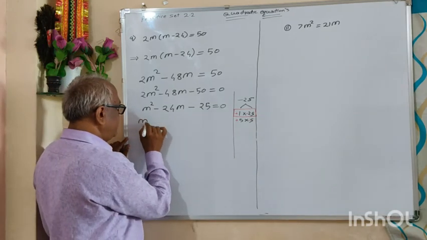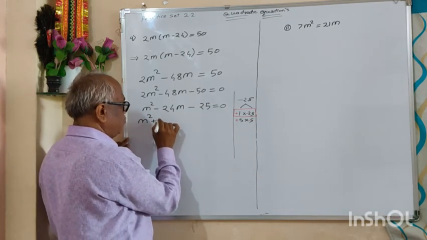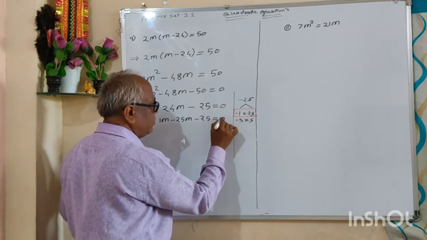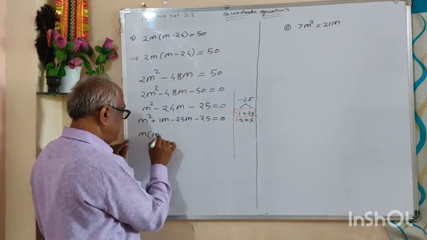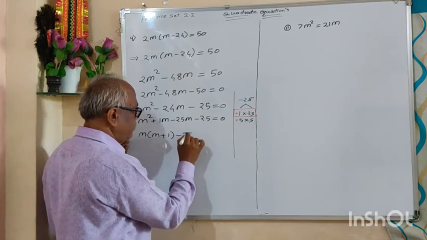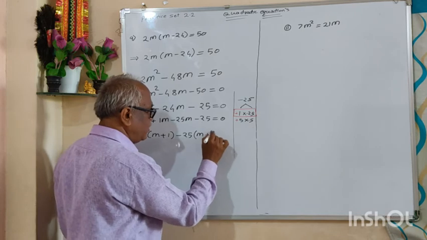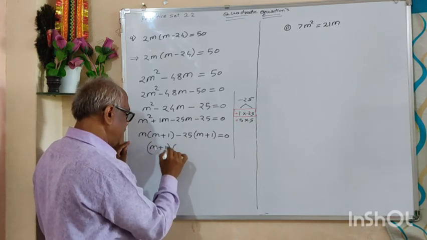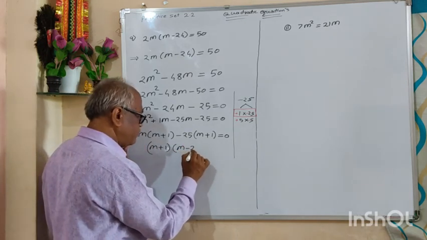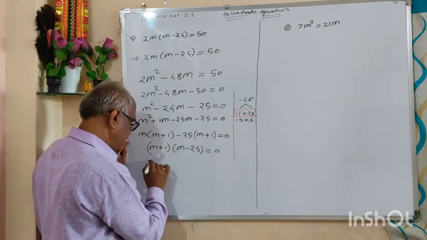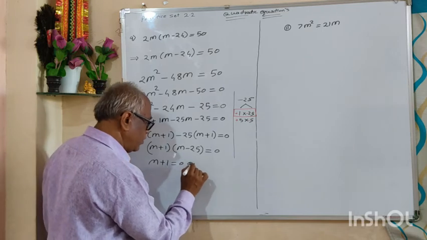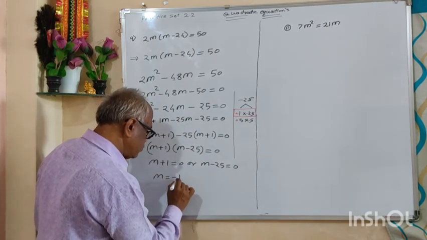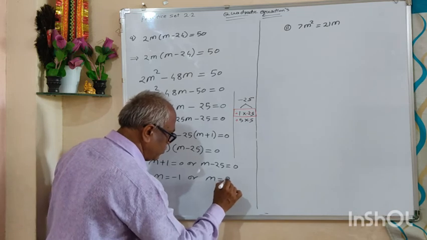So here split the middle term: m square plus 1m minus 25m minus 25 is equal to 0. m is common, m plus 1; minus 25 is common, inside the bracket m plus 1 is equal to 0. m plus 1 is common, inside the bracket the remaining terms m minus 25 is equal to 0. m plus 1 is equal to 0 or m minus 25 is equal to 0. m is equal to minus 1 or m is equal to 25.